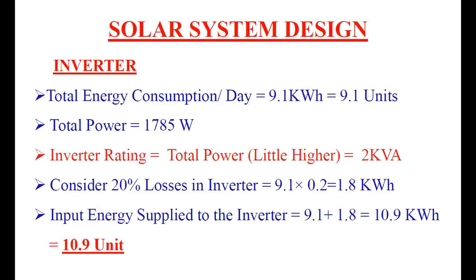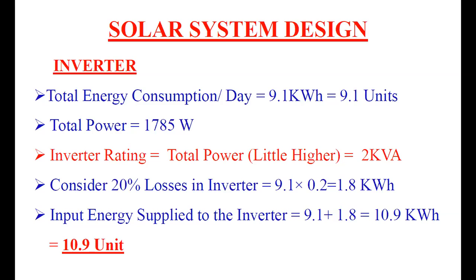The total energy consumption per day is 9.1 kWh, that is 9.1 units, and considering 20% losses in the inverter, the input energy supplied to the inverter will be 9.1 into 120%, or 9.1 into 0.2, that is 1.8 kWh more than the total energy consumption.